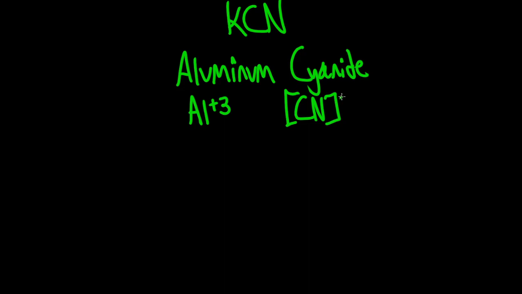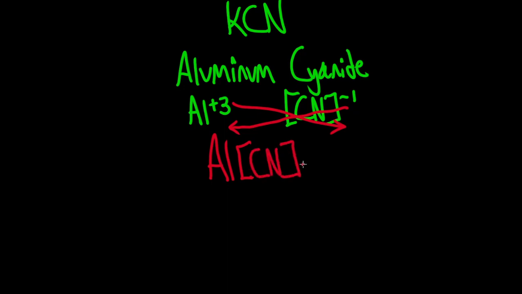Cyanide is going to have a -1 charge, and so I do my crisscross, and I get AlCN with a 3. Put my little 1 there, and I can rewrite this as Al, parentheses, CN, close parentheses, 3. That's it for cyanide salts.